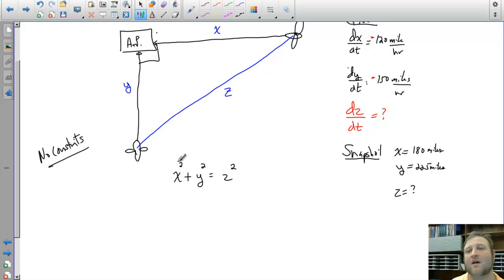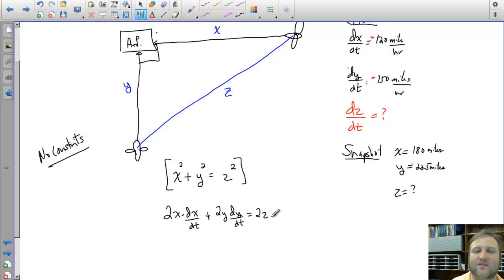According to us, now we're going to have to take our derivative, but we're going to do it implicitly with respect to time. So we're going to have 2x times dx over dt plus 2y times dy over dt, and that's going to equal 2z times dz over dt.